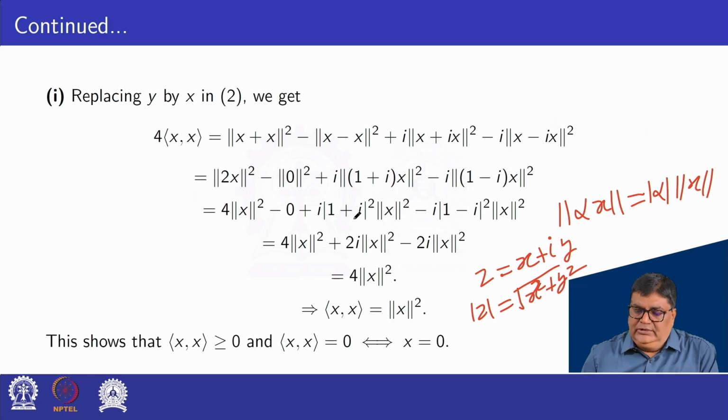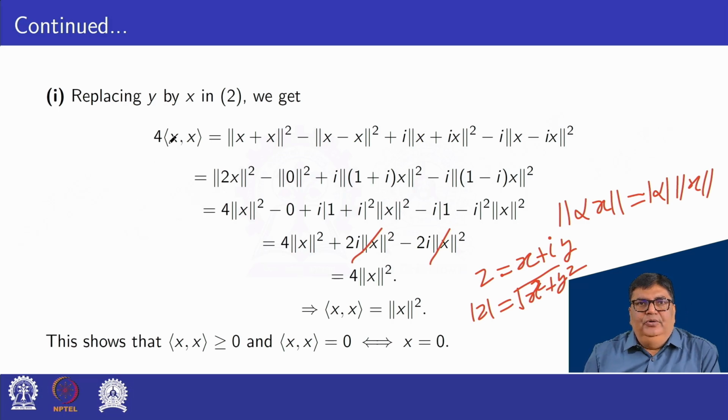So 4 norm x squared plus 2i, and the value of this is under root 2 squared, that is 2. So this is 2i into norm x squared. Similarly, this also is minus 2i norm x squared. Okay, so this one and this one cancel out. This is negative and this is positive. We have 4 norm x squared.